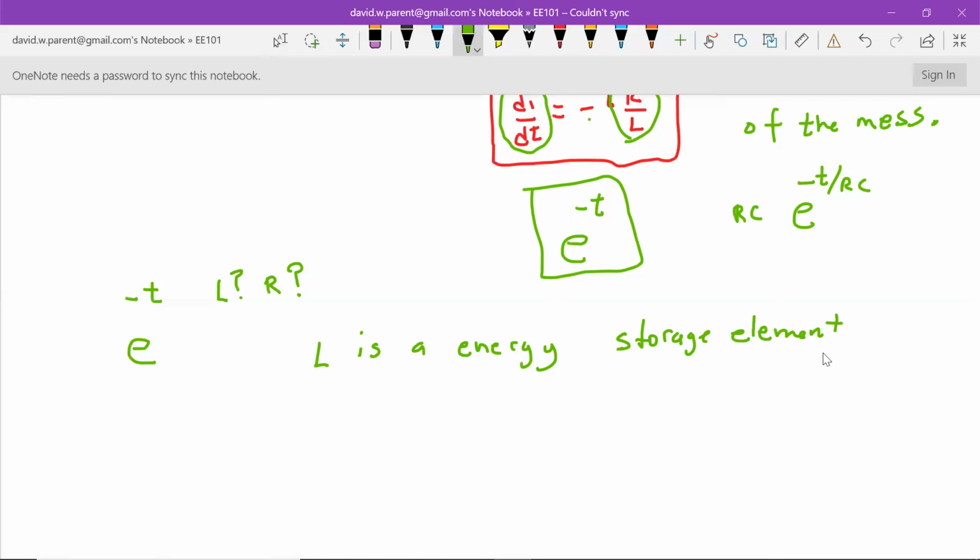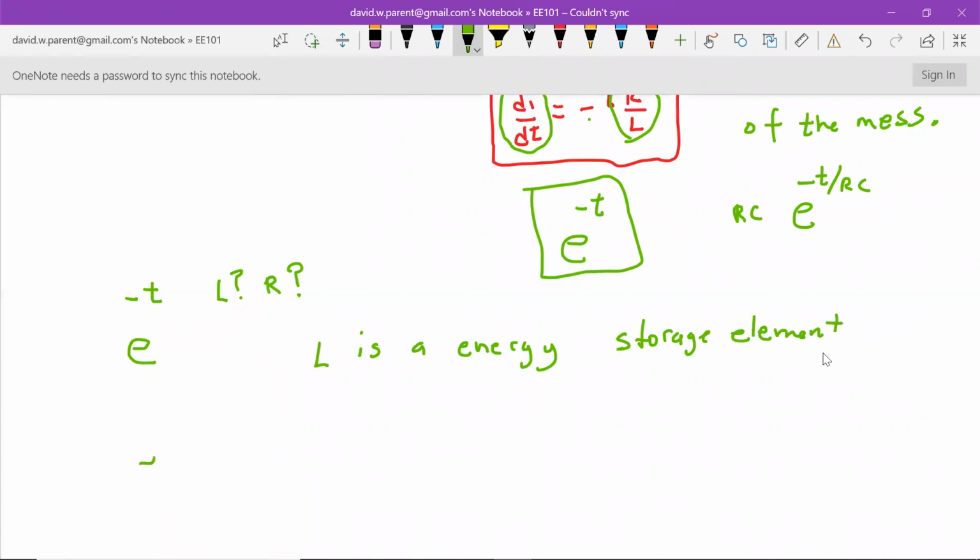So if you think about your second order differential equations of a mass spring system, you're storing energy one way in the spring, and you're storing it in movement, a mass moving stores energy, right? So the bigger your storage element, no matter what it's made out of, the more energy will be stored, so the longer it will take to either fill up the element with energy or get that energy out.